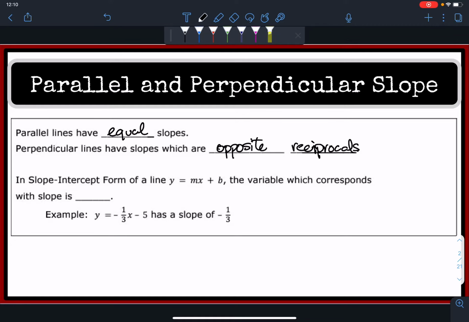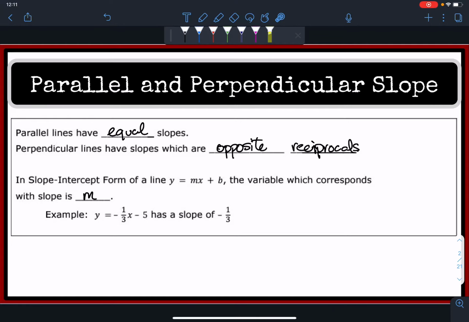So the slope-intercept form of the line, recall, is the format of y is equal to mx plus b, where the variable that corresponds to the slope is the letter m. I know many times we say as teachers that the slope is the number in front of the x. And when it's written in this format, it's correct. The slope is equal to the number that's being multiplied with the x. But it only works if it's written in that format.